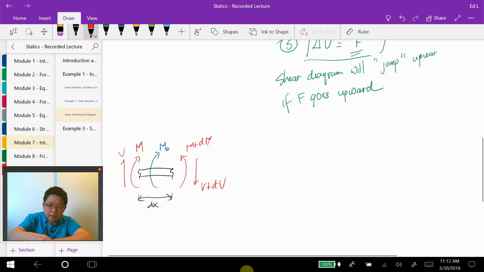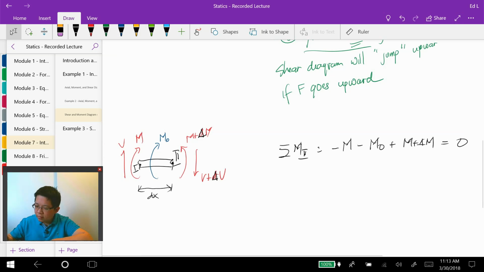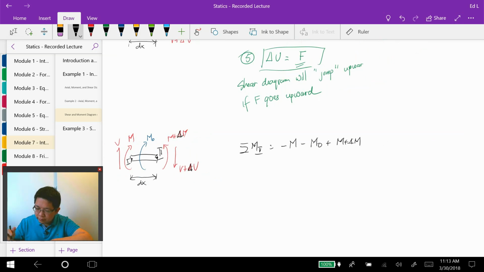Taking the sum of moments at point 2, and if this is point 1, we obtain negative M naught plus M plus delta M, and of course it's not complete yet, plus negative V times dx equal to 0.